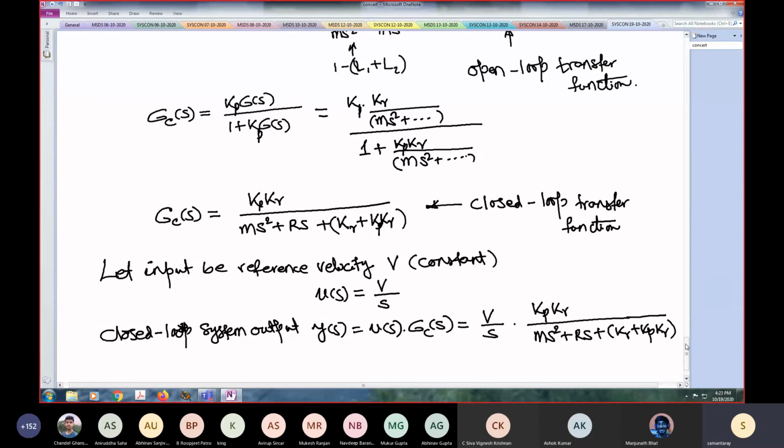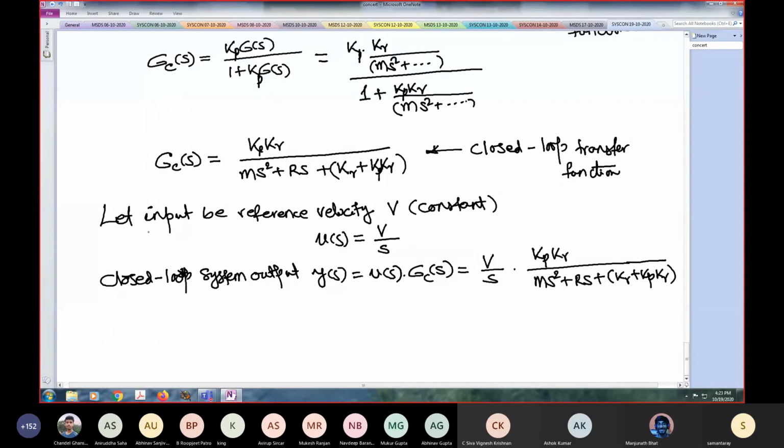Now, what will be the final value? Limit t tending to infinity y(t) is limit s tending to 0 of s into Y(s), by the final value theorem.